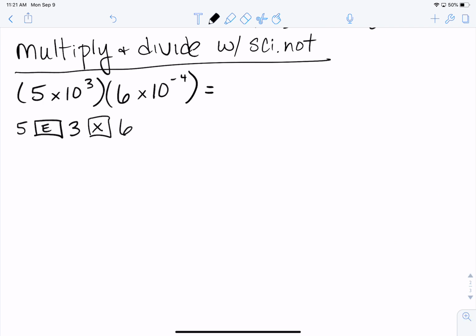Then you'll hit 6 EE. Then, do you have a negative button? Then a 4, and then you want to hit equals. Try that out. What you should get is, is it 3? Did you get that? Yeah? No? Okay, good.